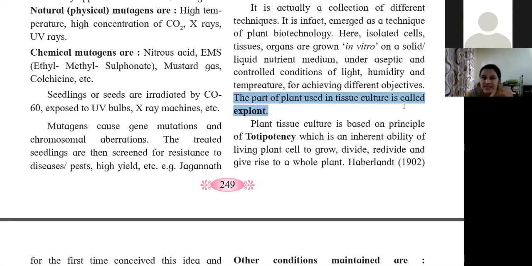Explant can be stem, explant can be leaf, explant can be any tissue, explant can be any cell also, plant cell small.